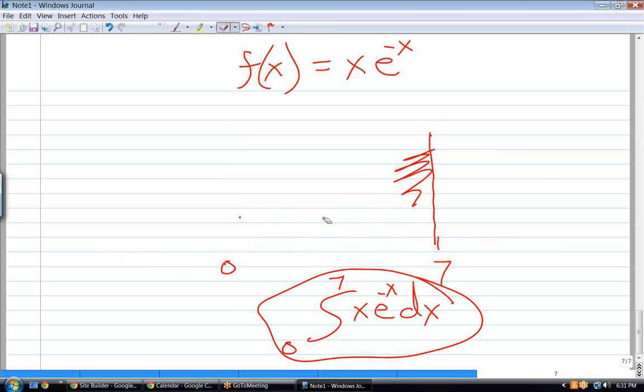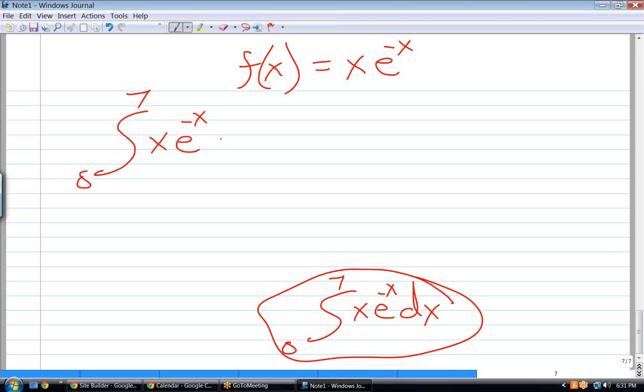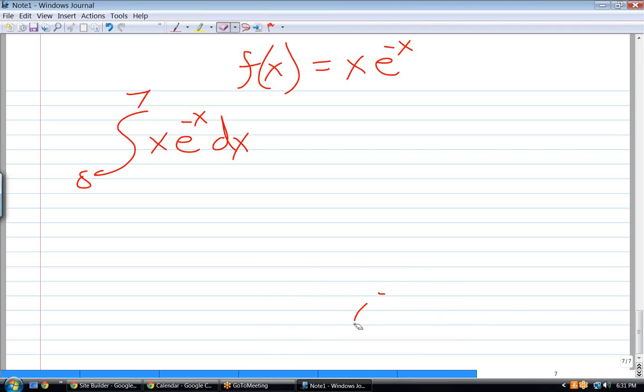So our problem now becomes this. I'm perfectly happy to go through another integration by parts if you want to. Sure, we can just do that.